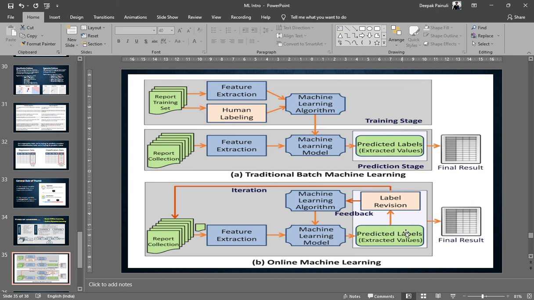Once the prediction has been done, the label revision will take place by some machine learning algorithm, and those data and the updated label will be incorporated with the past data. After several iterations like this, the machine learning model will be able to predict the correct label value, right?